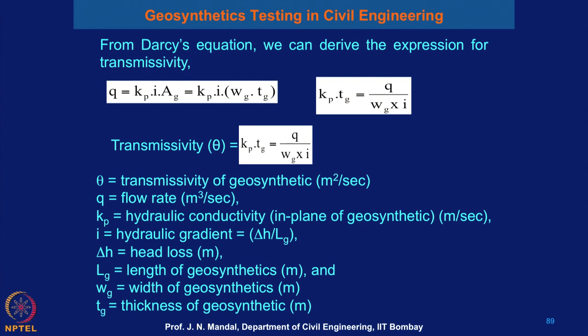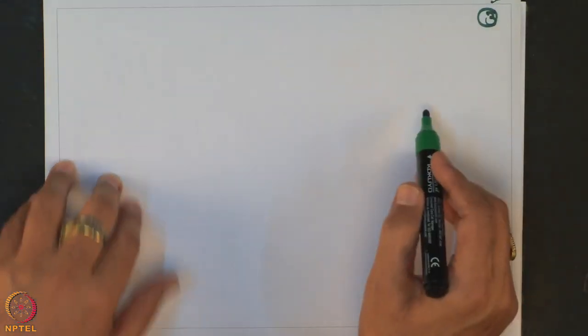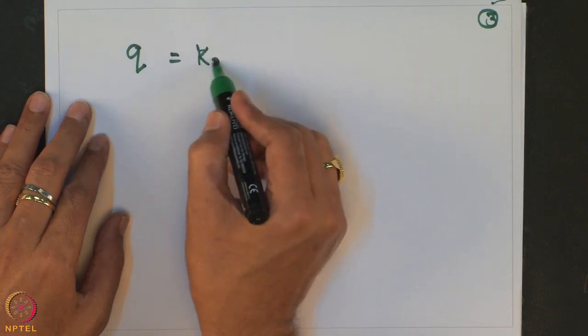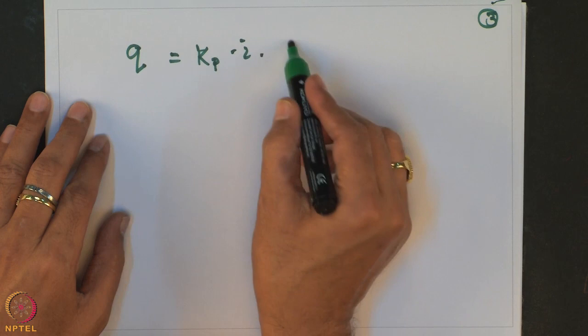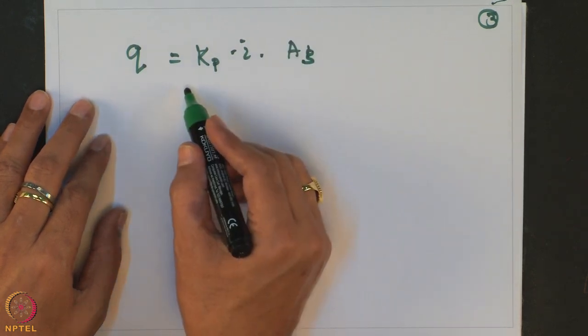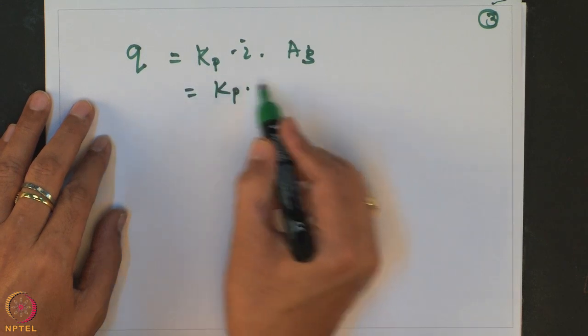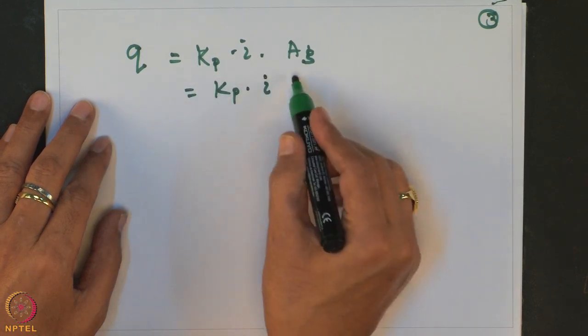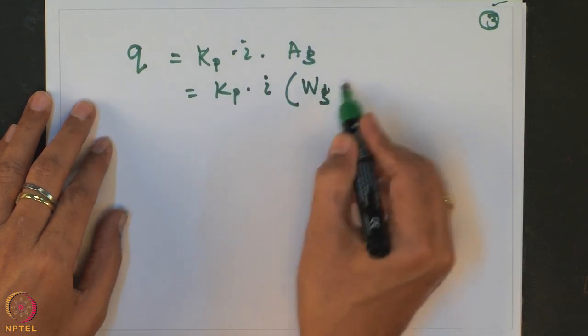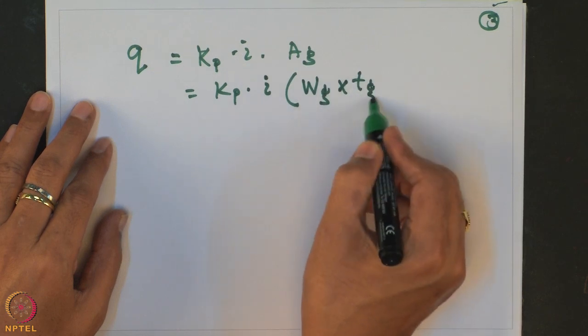So, how do we calculate that transmittivity? From Darcy's equation, you know Q is equal to Kp into i into Ag. Here the area is equal to Wg into Tg.